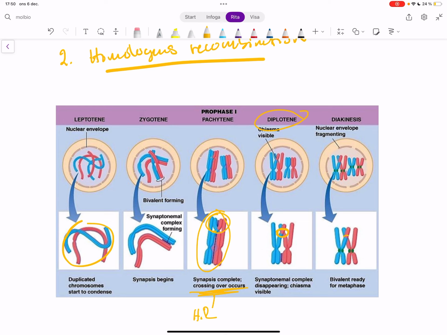And the chiasmata are a really important detail, because in anaphase, when the homologous chromosomes start to separate, the only thing that holds these 2 homologous chromosomes together is the chiasmata. And the chiasmata is formed when homologous recombination happens. So if homologous recombination doesn't happen, then there won't be accurate disjunction of the homologous chromosomes, and that's bad.